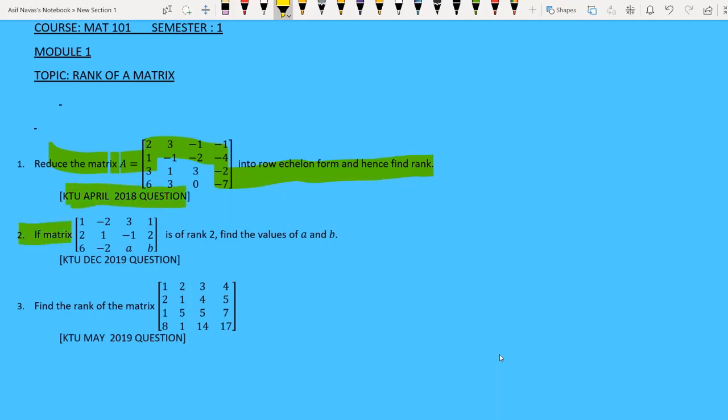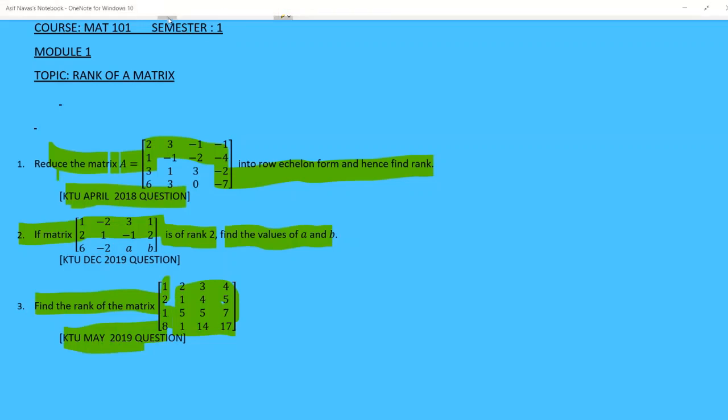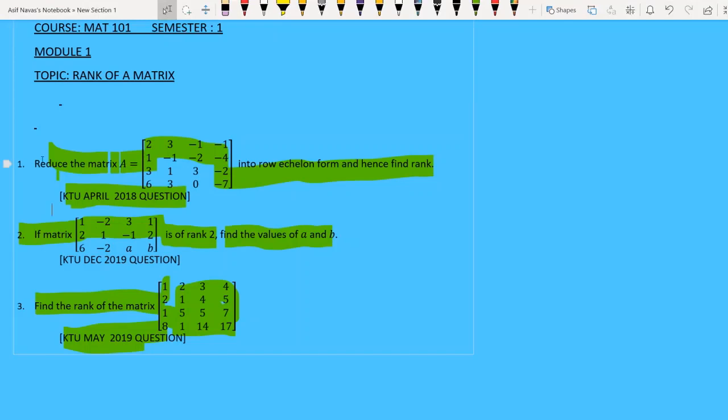The second one is: if a matrix is of rank 2, then find the values of A and B. And the third question is the same: find the rank of this matrix. Okay, so let us start the first problem.